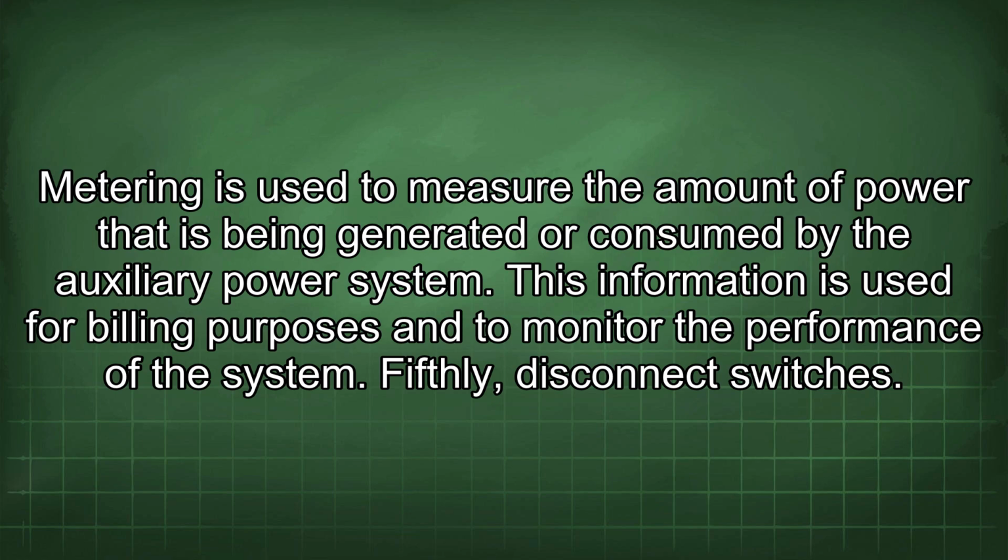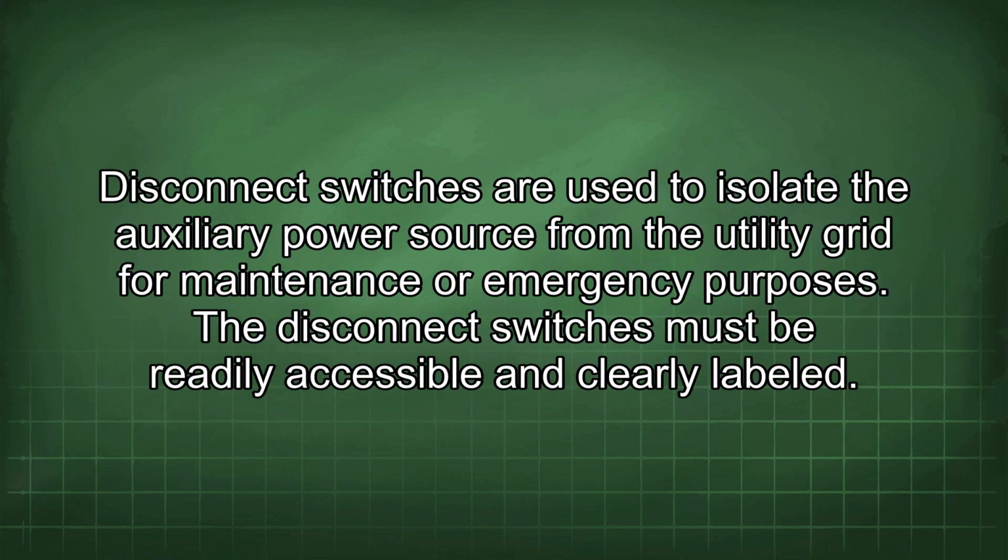This information is used for billing purposes and to monitor the performance of the system. Fifthly, disconnect switches. Disconnect switches are used to isolate the auxiliary power source from the utility grid for maintenance or emergency purposes. The disconnect switches must be readily accessible and clearly labeled.